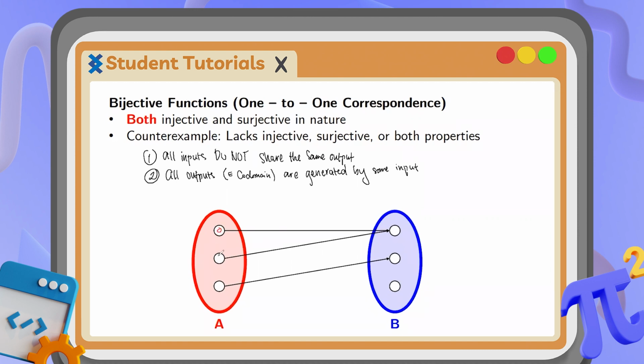So let's call this 0, 1, and then let's call this 5. So since 0 maps to 5, 1 maps to 5, they share the same output, but the inputs are different. Therefore, it's not injective, which would automatically mean that this function is not bijective.